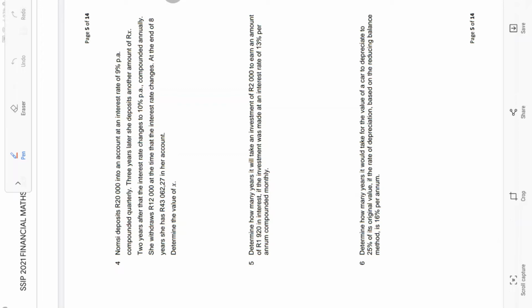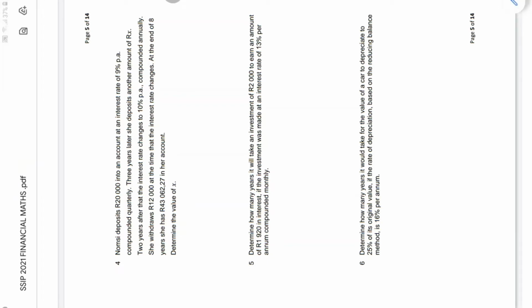She withdraws 12,000 at the time that the interest rate changes. At the end of 8 years, she has 43,062.25 rands in her account. Determine the value of X. X is the second deposit.